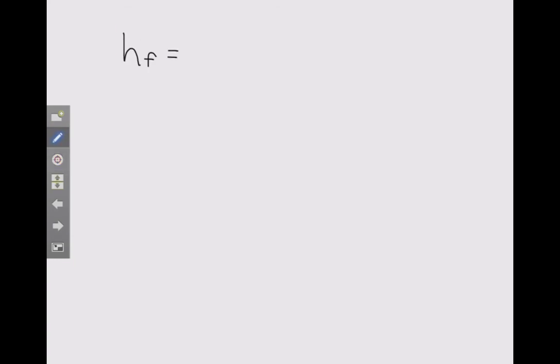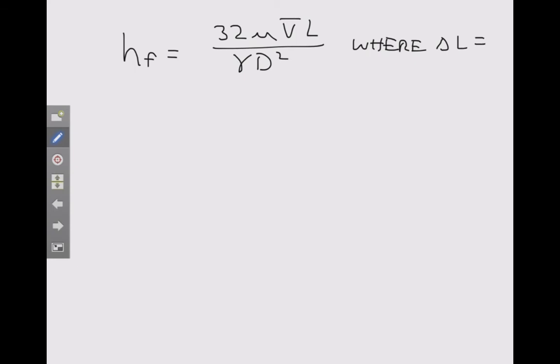So this is, again, 32 mu V bar L over gamma D squared, where we have substituted delta L equals L, the total length of the pipe. So we're now looking at the head loss along the entire length of the pipe. But look at this.